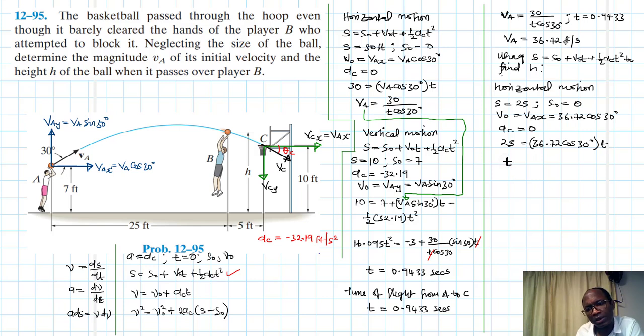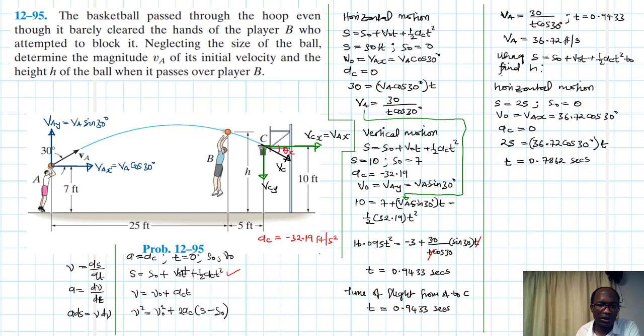So therefore, making T the subject of the formula, T is 25 divided by 36.72 cos 30. This gives us 0.7862 seconds.